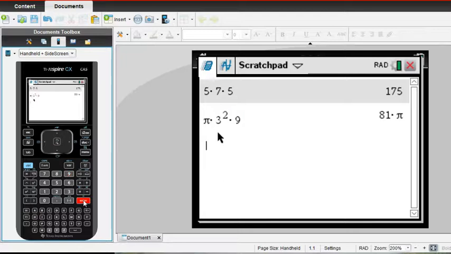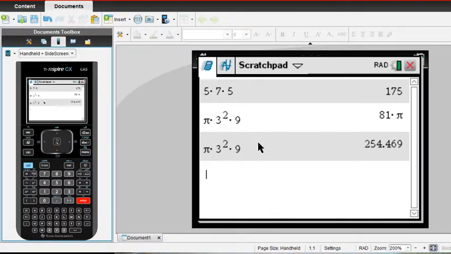Enter, and then I got the pi answer. So then I press Control Enter on the calculator and I get a decimal answer, because sometimes they ask for different ones. And as you can see here, the decimal place is 0.469, so if it's 9, it goes up to 254.47.